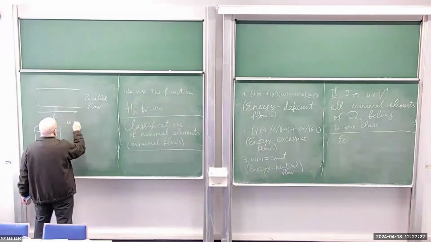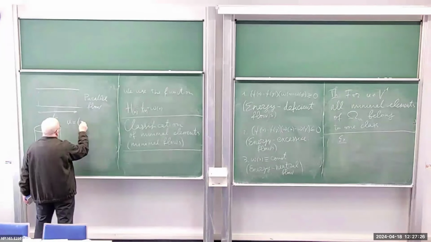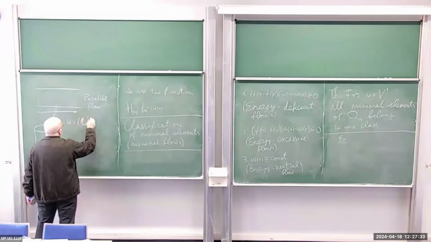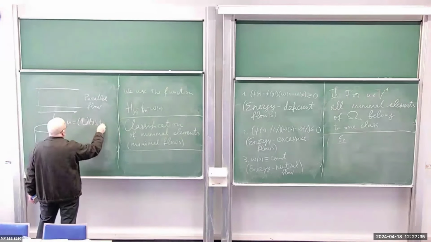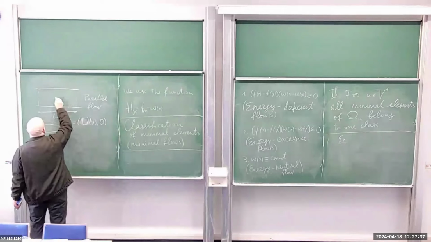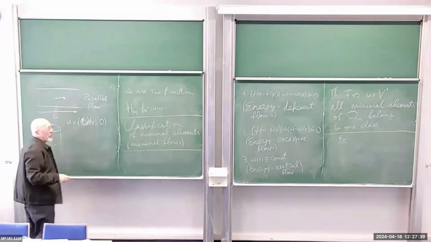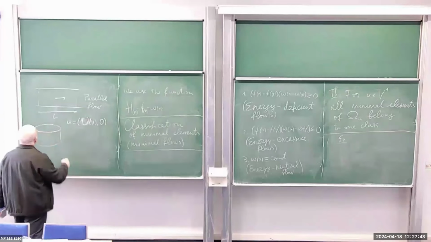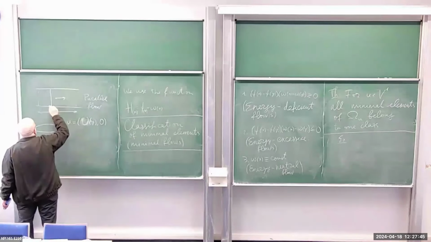u equals u of y, 0. So velocity is along the axis of this strip, and you have some profile.